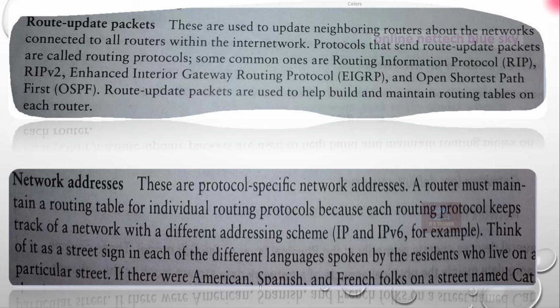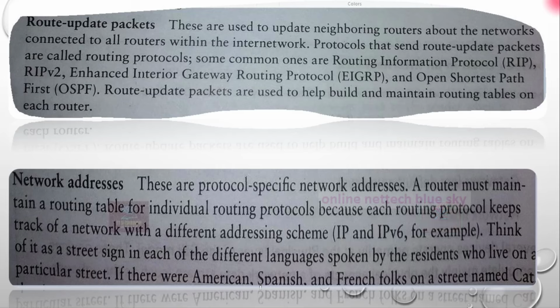Next is the network address. These are protocol-specific network addresses. A router must maintain a routing table for each individual routing protocol, because each routing protocol keeps track of networks with a different addressing scheme, such as IP version 4 and IP version 6.